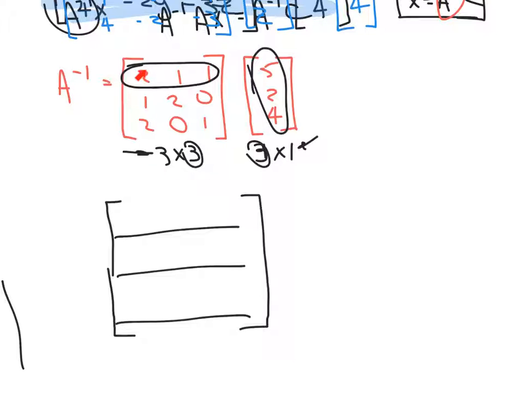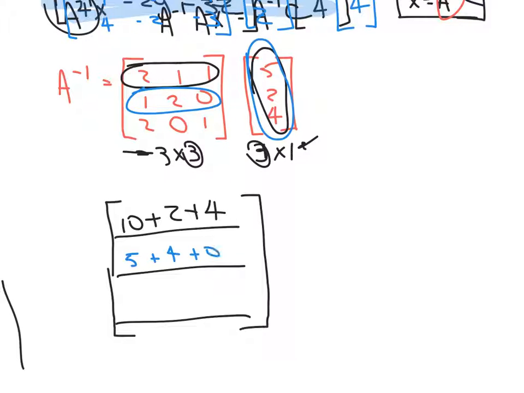Alright, so 2 times 5 is 10, plus 1 times 2 is 2, plus 1 times 4 is 4. Alright, so do this in blue. Second row, only column. 1 times 5 is 5. 2 times 2 is 4. 0 times 4 is 0.